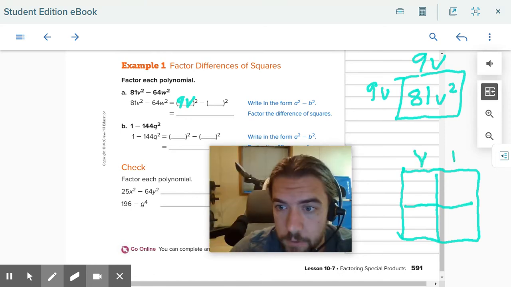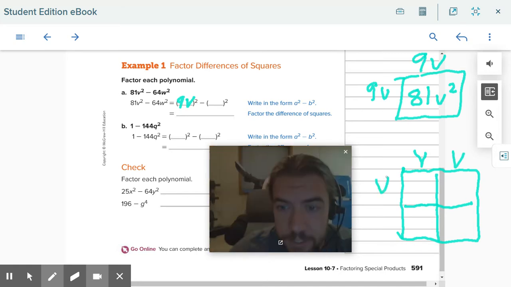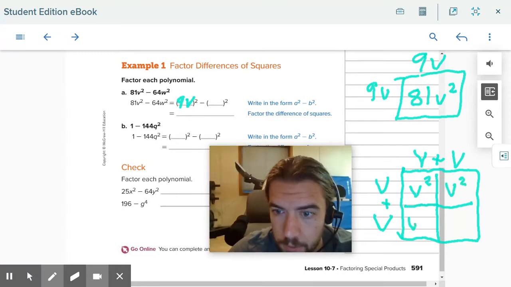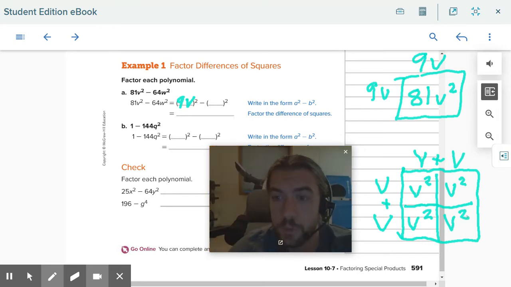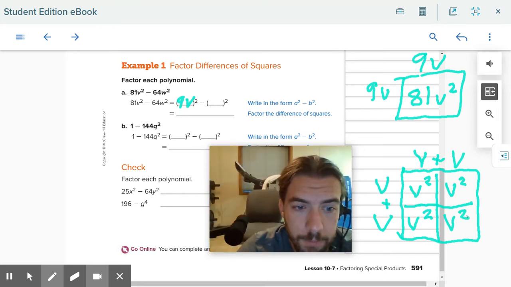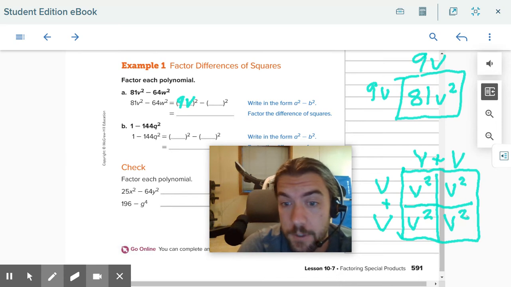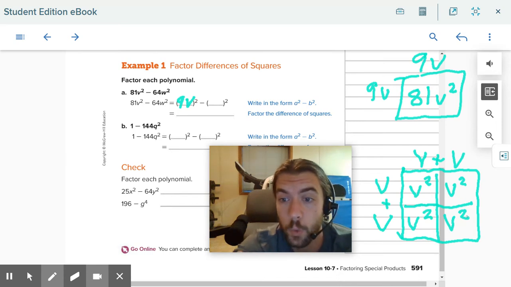Once again, let's say I had 2v times 2v, right? 2 v's along the top, v plus v, 2 v's along the side. Well, what would I get? I would get v squared here, here, here, and here. So 2v, which is what's on top, times 2v on the left becomes 4v squared.